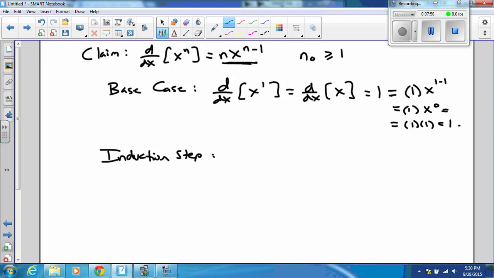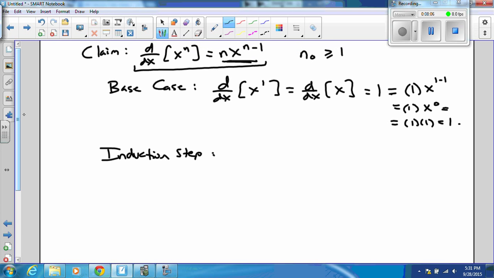Now we go for the induction step. We're going to try to prove that P of n implies P of n plus 1. And if you need to explicitly construct P of n plus 1, that might be helpful. So here's P of n.